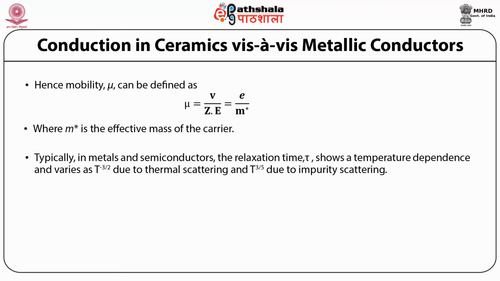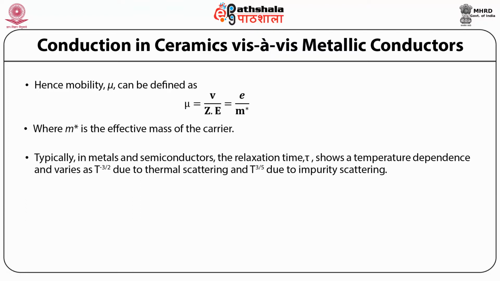Under an applied field E, the force on an electron is given as F equals Z times e times E. In such conditions, the drift velocity increases in such a manner that it is expressed by Newton's law of motion.